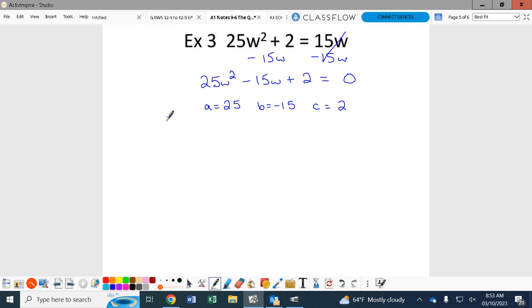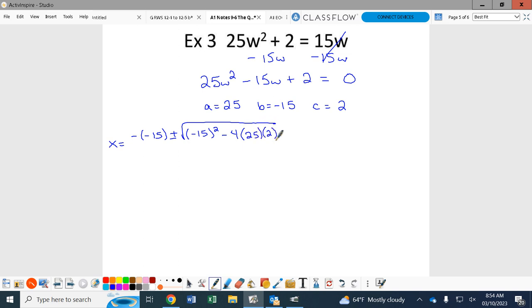Once you have your A, B, and C, you're going to plug it into your formula. It's going to be x equals the opposite of negative 15 plus or minus the square root of b squared, which in this case is negative 15 squared, minus 4 times a, which is 25, times c, which is 2.